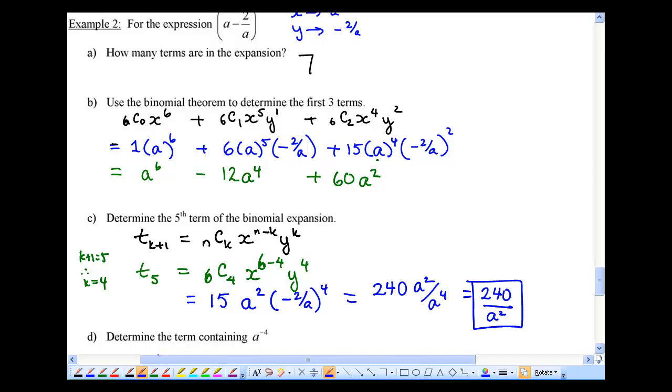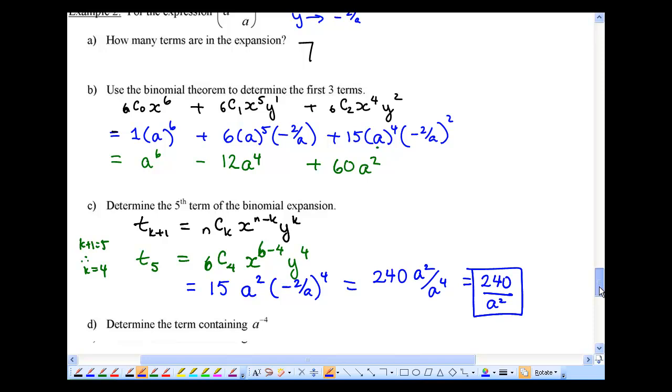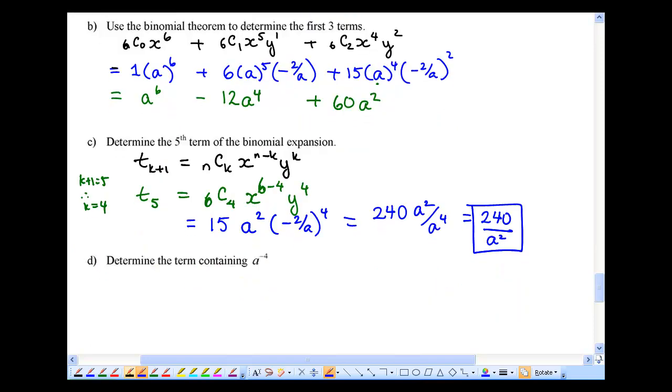They might ask you some other question like this, where it says determine the term that contains a to the power of negative 4. You could just write out the whole expansion, but of course that probably takes too long. So what do you think we can do to help us out? Well, let's use that t sub k plus 1 formula again. Let's see what we can do. I'll copy it one more time.